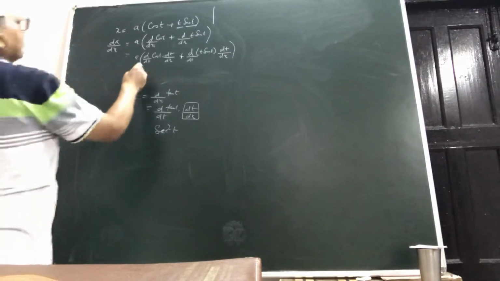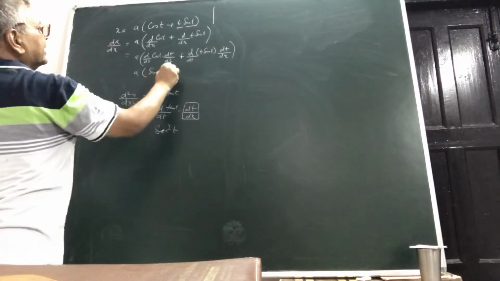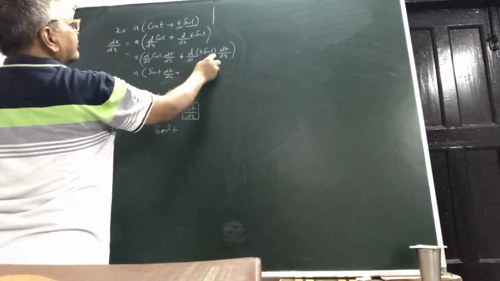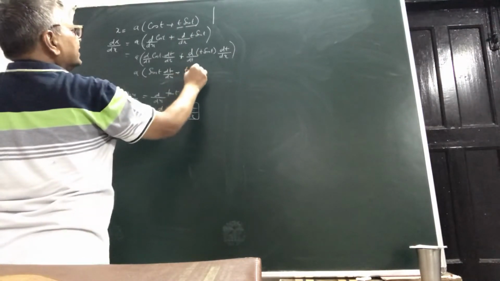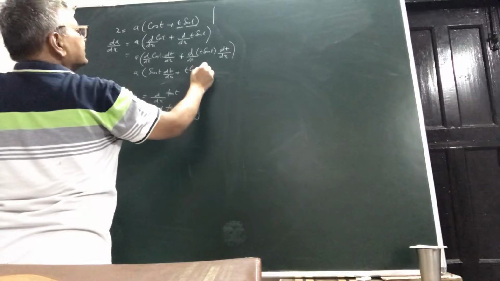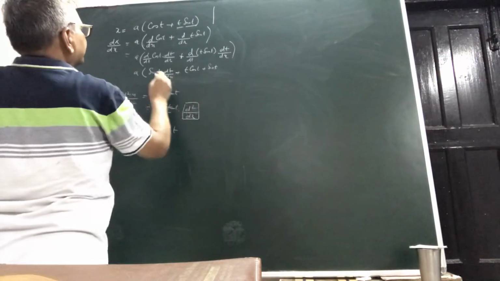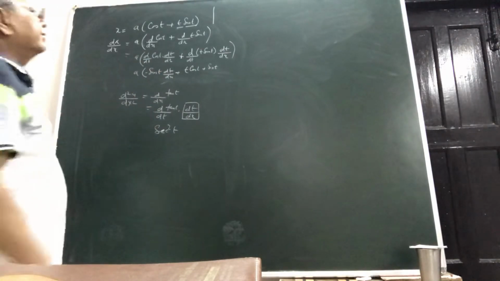Now d by dt of cos t is minus sin t into dt by dx.